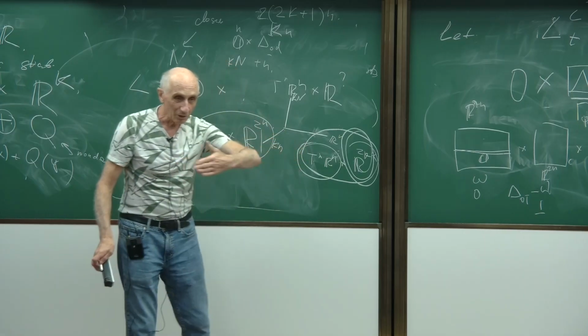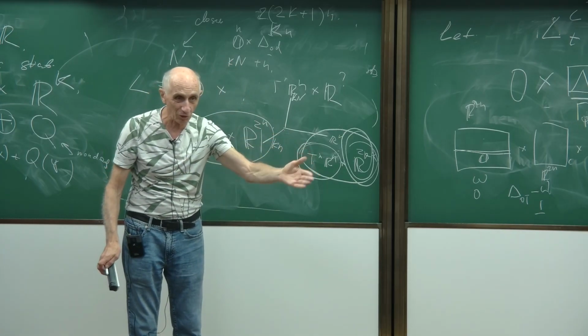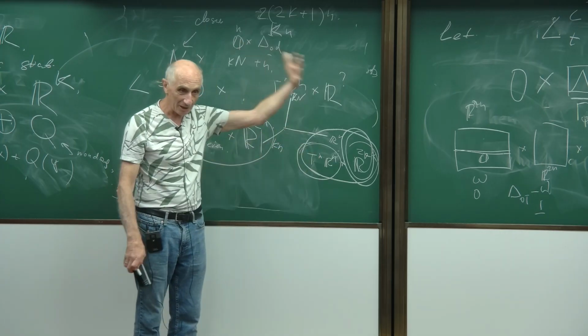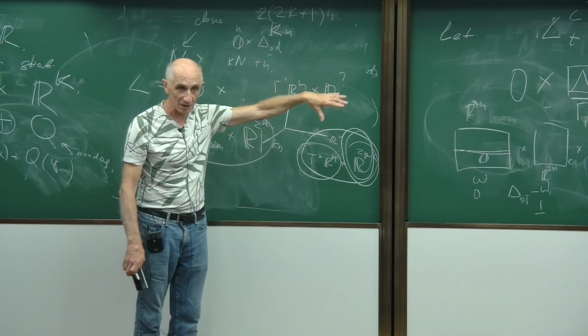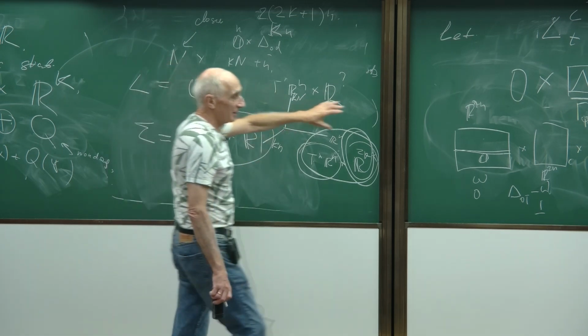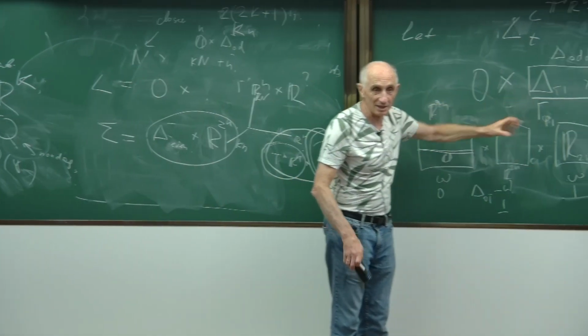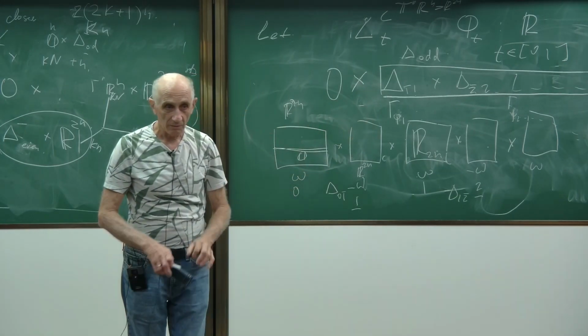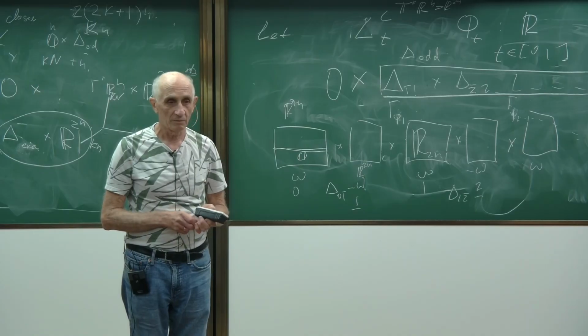We need to do some linear change of coordinates to make it diagonal. And when we do that, we get the correct generating function. But the essence of this construction is this, and everything else is just a change of coordinates.